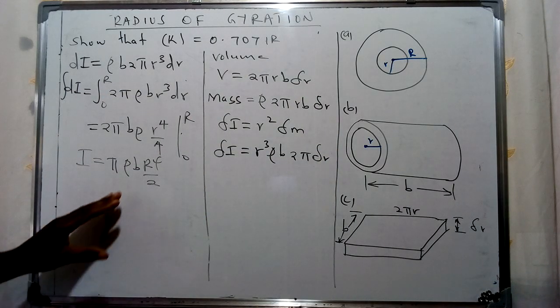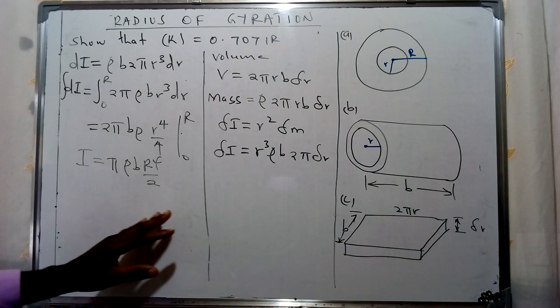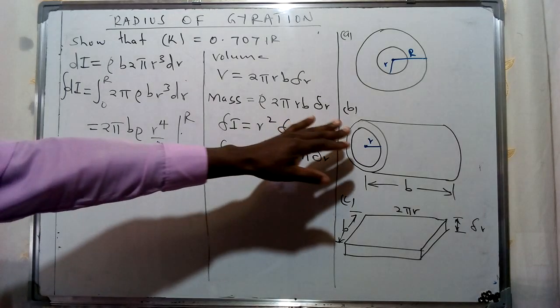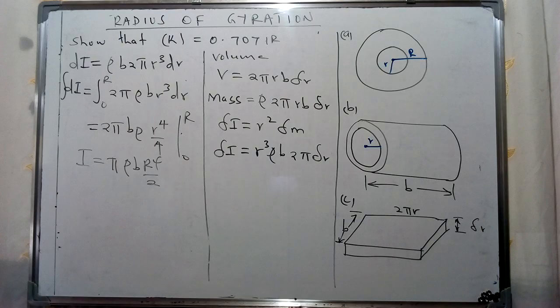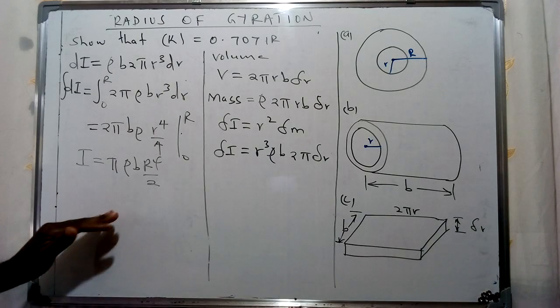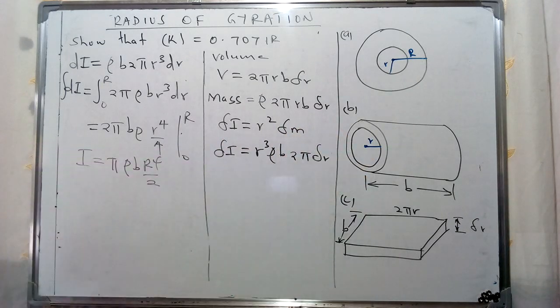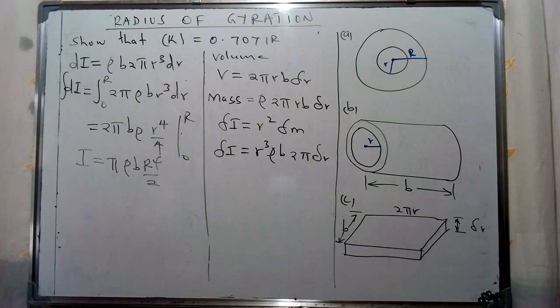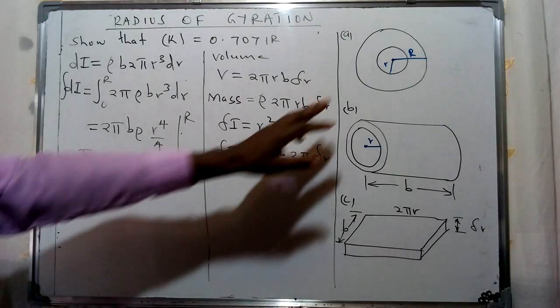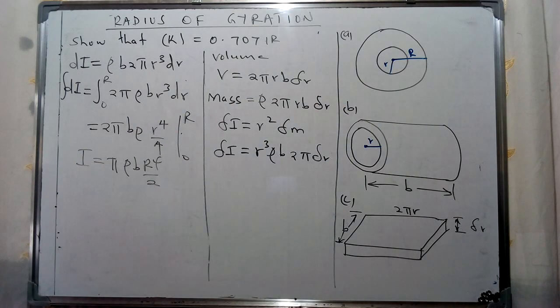Now we are also going to look at the concept of volume and mass of this particular disk, which we have considered. We are going to see that the volume of our disk is given by the product of the area of the circle of radius r, multiplied by its specific depth.